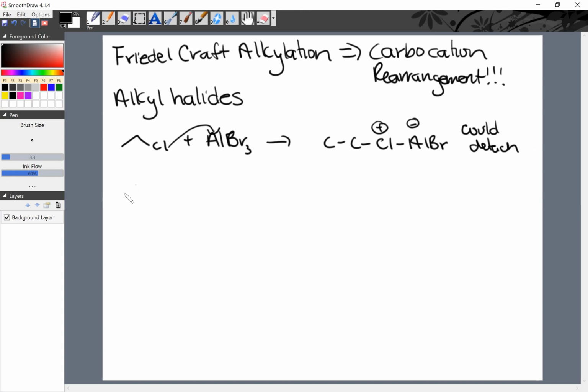Then my benzene is going to come along and, oops, there's supposed to be a 3 there. Okay, then it will kick out that.